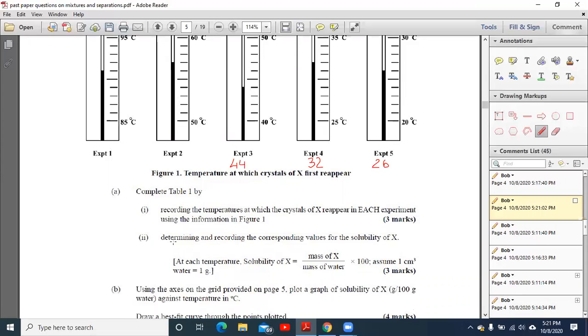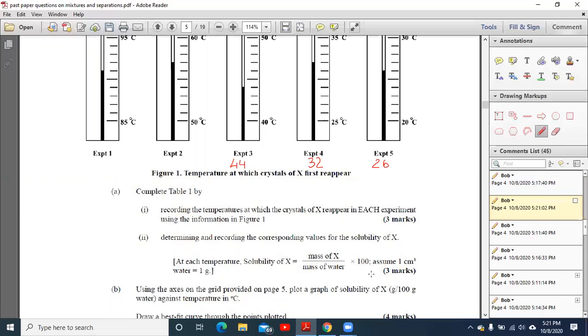So part 2, determining and recording the corresponding values for solubility of X, and you're using this equation to assist. Even though in this case they gave you the equation, they may give you the equation to assist you in other scenarios as well in the exam.